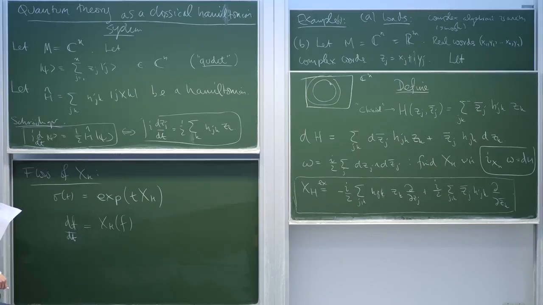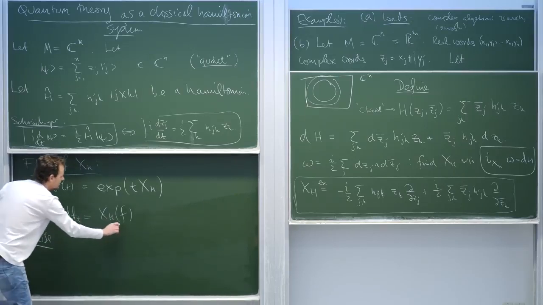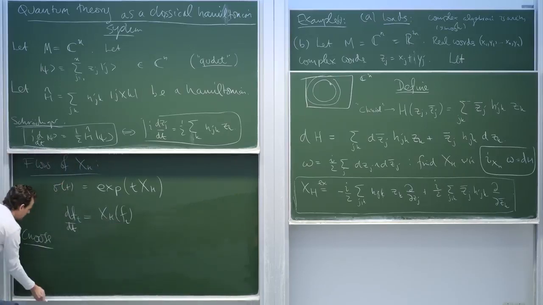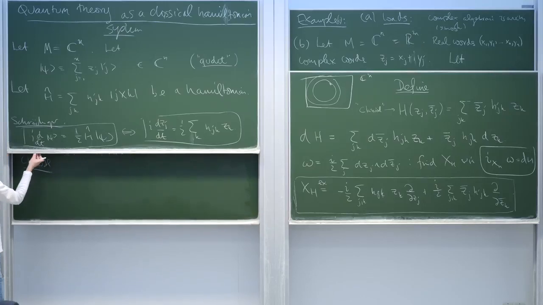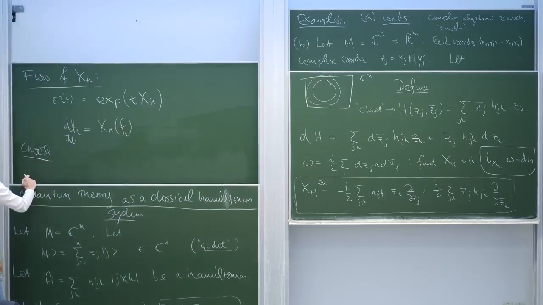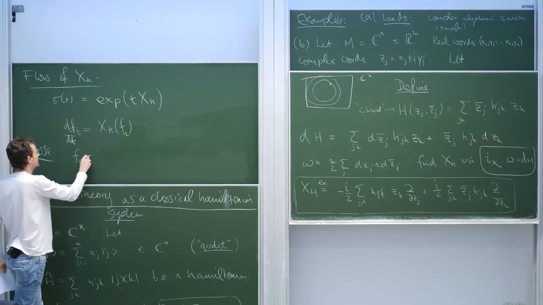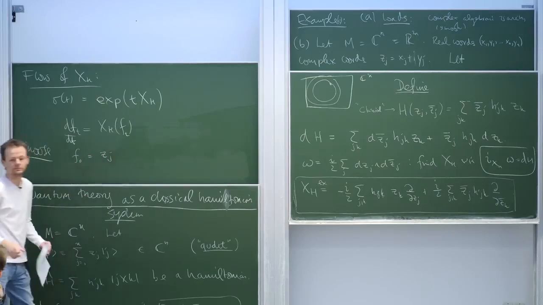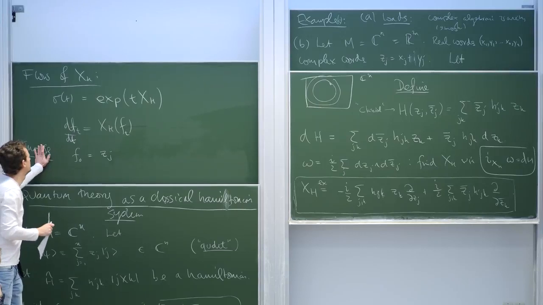And what we're going to do now is just choose f, which depends on t here, at time 0 just to be the jth complex coordinate.